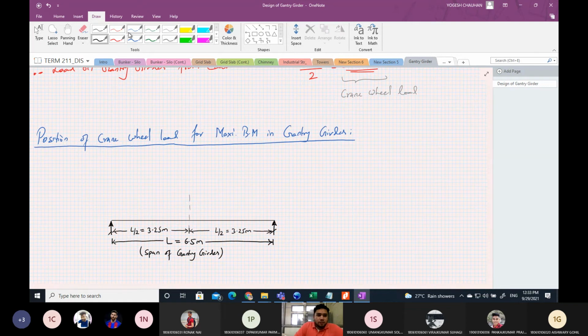Okay, now we place the wheel loads such that this is one wheel load. This will be the CG of the wheel loads, and this will be the second wheel load.